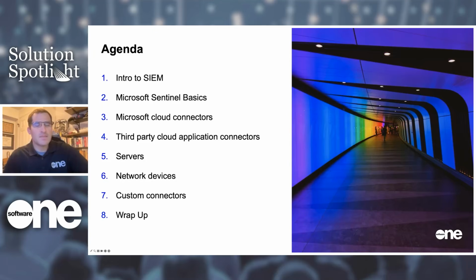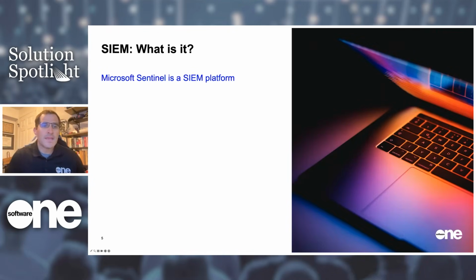I should note, this is probably inclusive of pretty much every connector type, at least broadly categorized. There may be an exception here or there, which we'll talk through as we get to them, but we should be able to cover pretty much everything. And then we'll close it out with a quick wrap up and some next steps. So that's the plan. We'll jump in and start talking about SIEM.